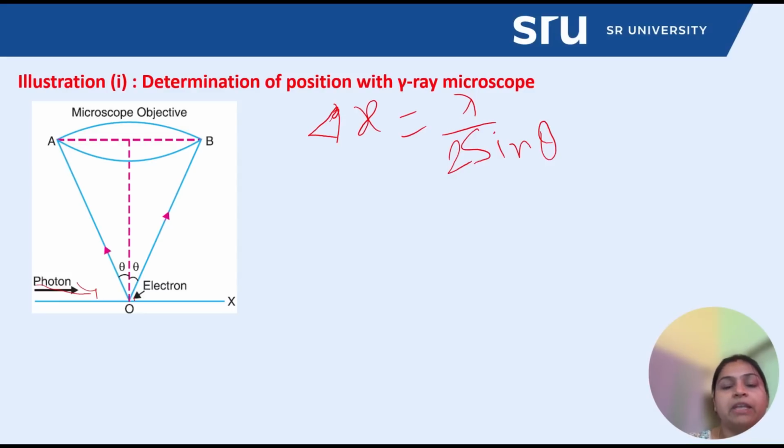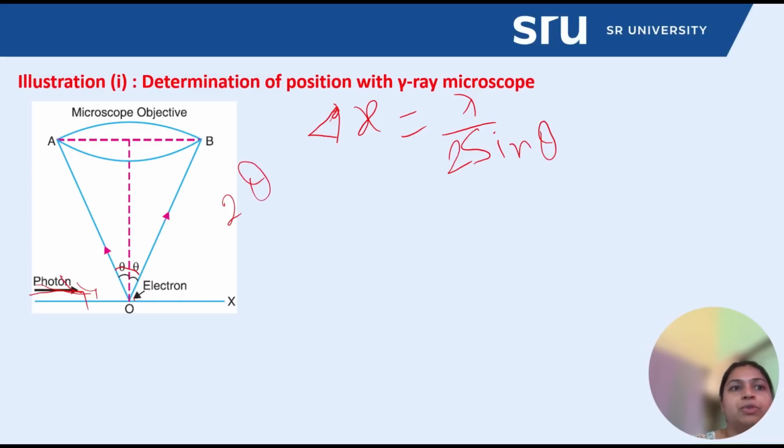Hence delta x is the uncertainty involved in the position measurement of the electron. However, this incoming photon will interact with the electron through the Compton effect. To be able to see this electron, the scattered photon should enter the microscope within the angle 2 theta.